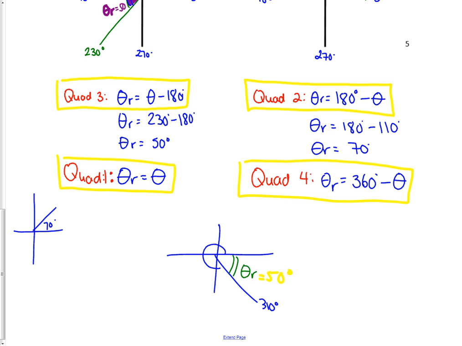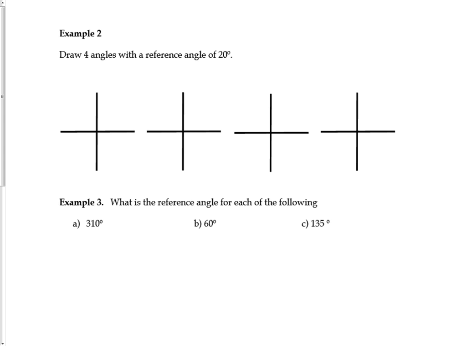Okay, so moving on. The last page of this lesson. Draw 4 angles with a reference angle of 20 degrees. Okay, we're going to draw 4 angles that have a reference angle of 20 degrees. There's a reason why I said 4. 1 for each quadrant.